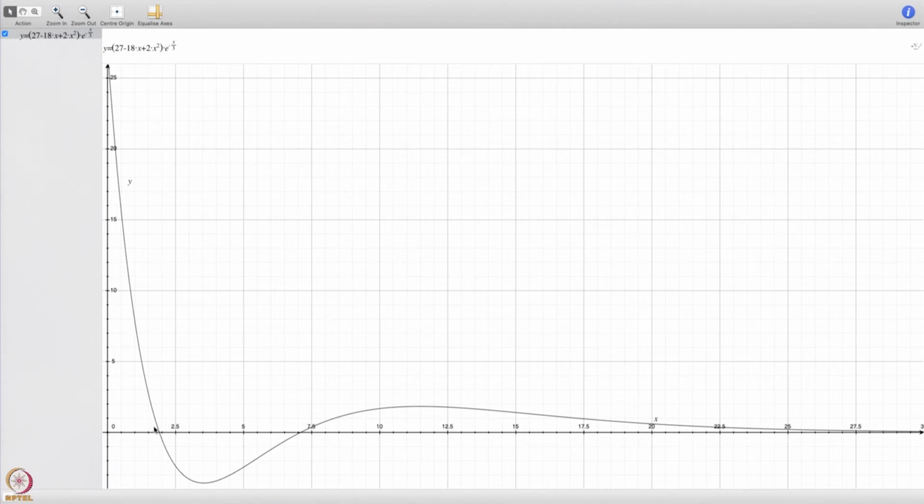So, here it is 0, here it is 0, and next it becomes 0 asymptotically at r equal to infinity. Okay. So, this here is your 2D depiction of 3s orbital.